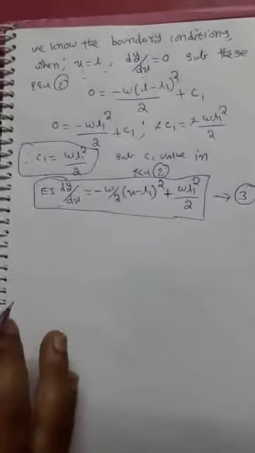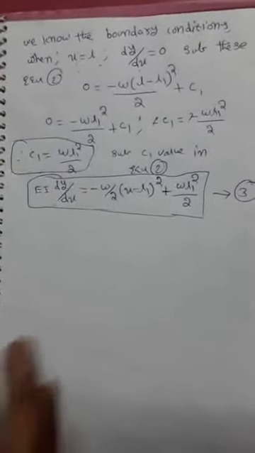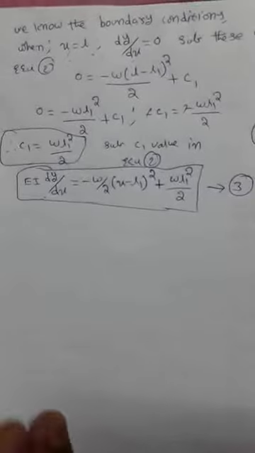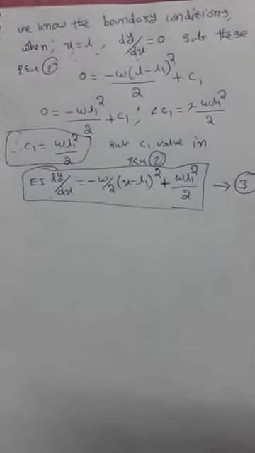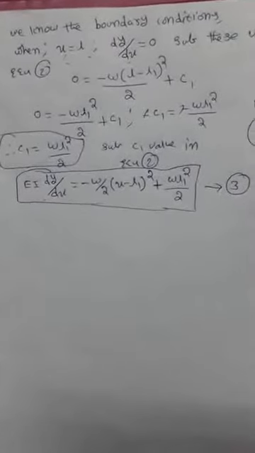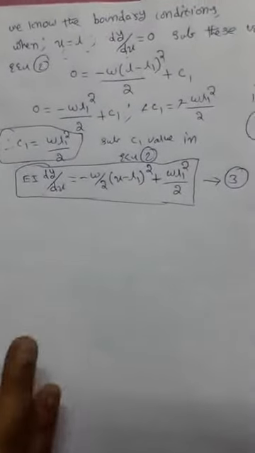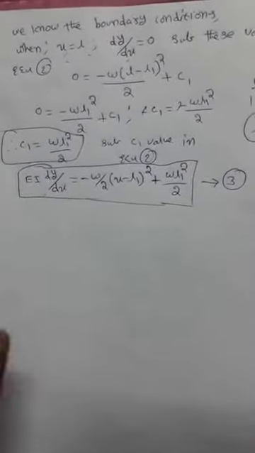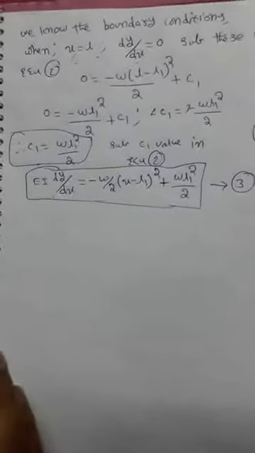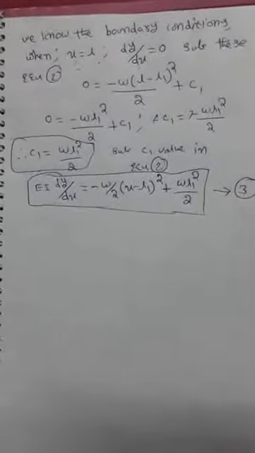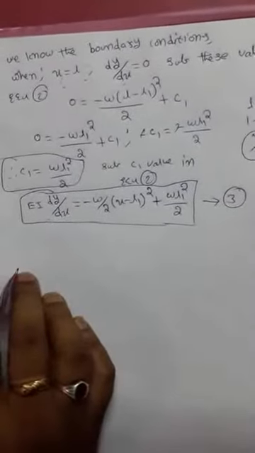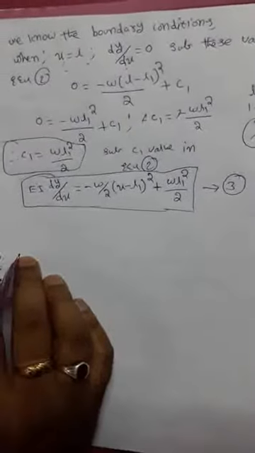Where does it occur? You can use the maximum slope formula to find the maximum slope at any point of the section. This is only the slope expression. Next we are going to find the slope formula.